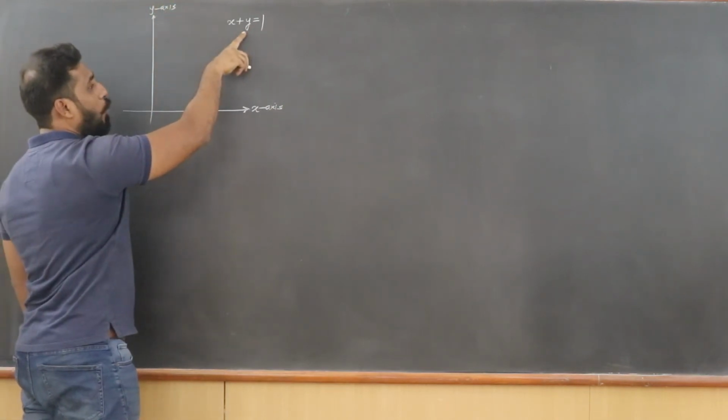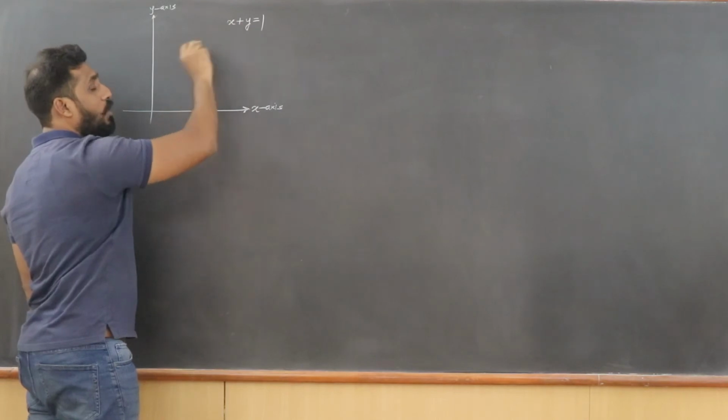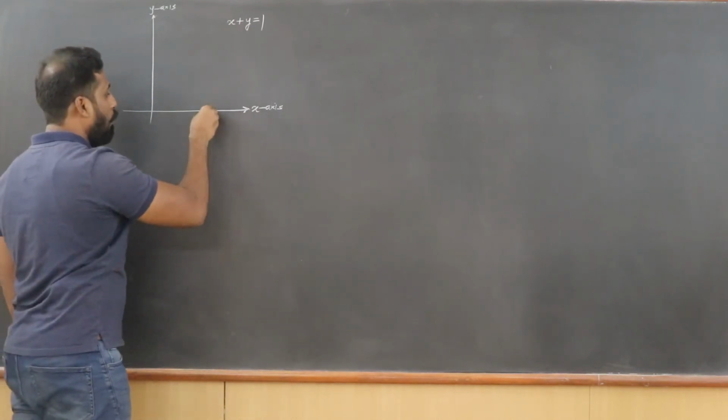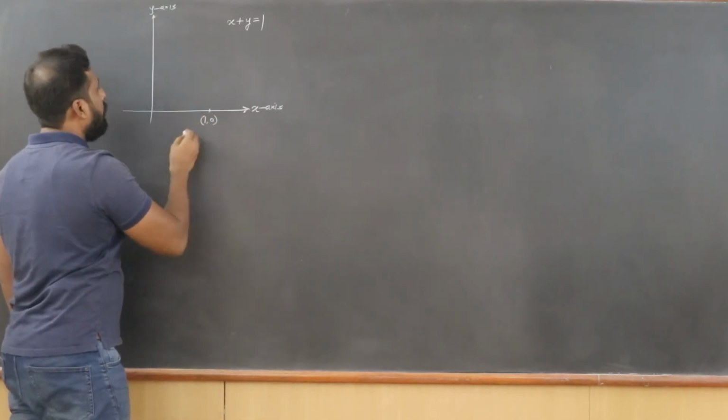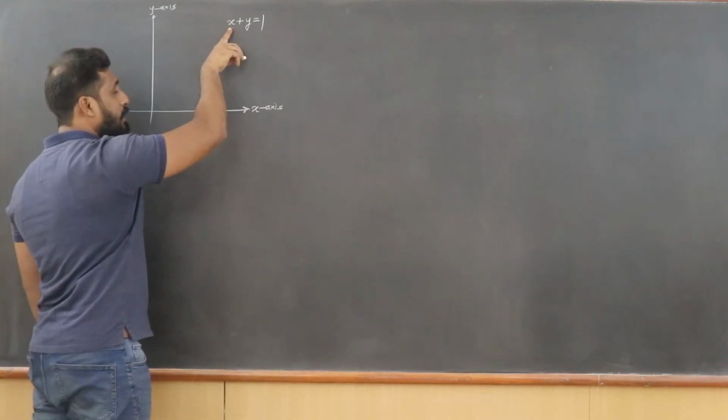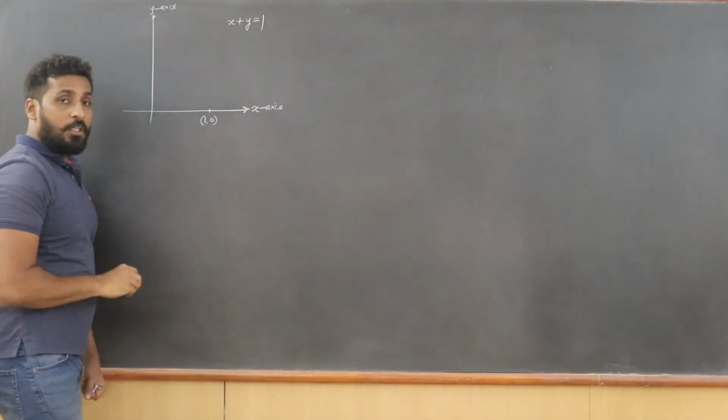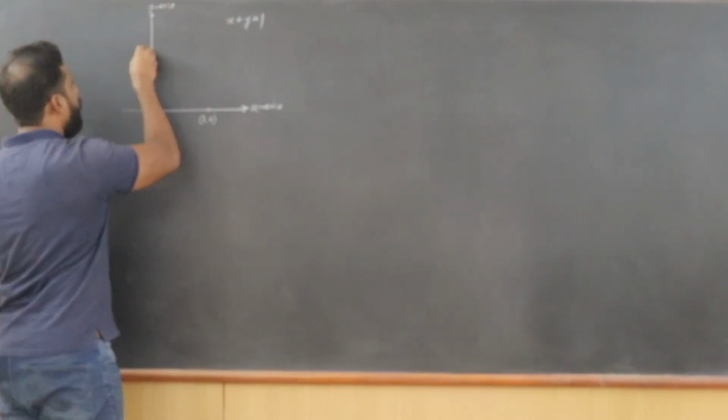When I put y as 0, x is going to come 1. That means there is a point 1 comma 0. If I put x as 0, y is going to come 1. So the point is 0 comma 1.